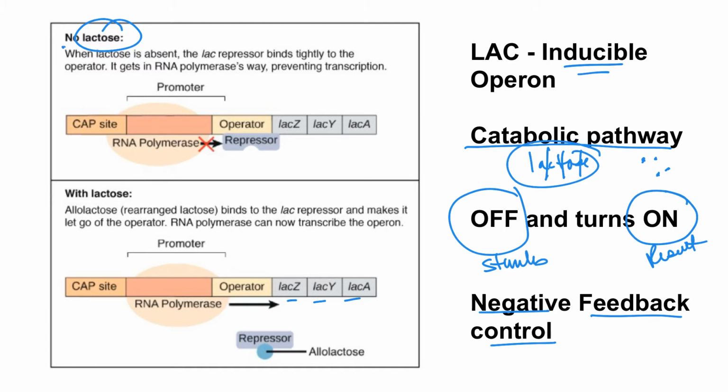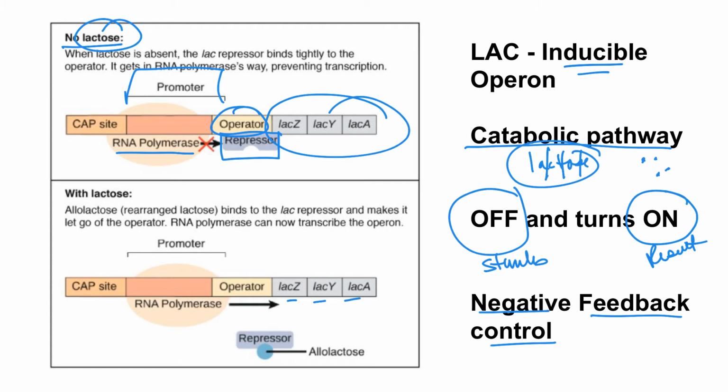So when there's no lactose present, we don't need the enzymes to break it down, do we? Normally there is going to be a repressor that binds onto the operator portion of the DNA. That means RNA polymerase can't fit on the promoter where it's supposed to, and so no transcription of these enzymes is going to happen, because you don't have lactose.